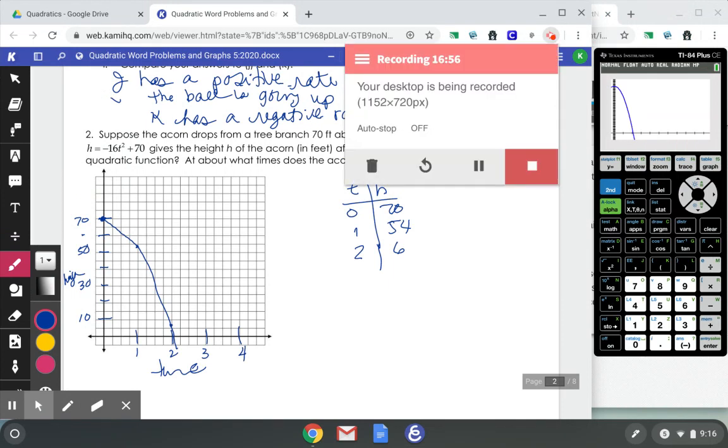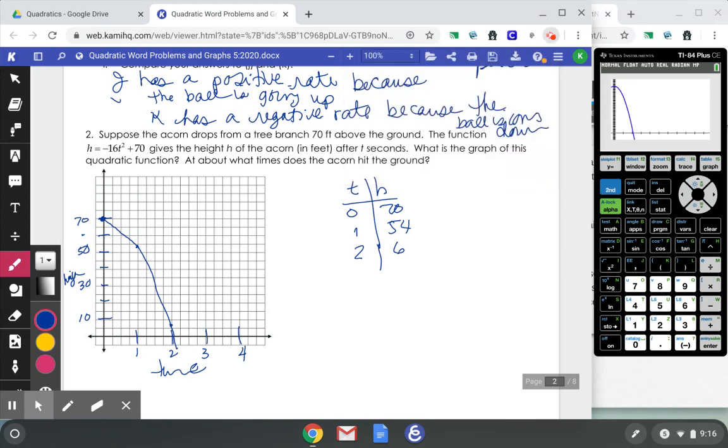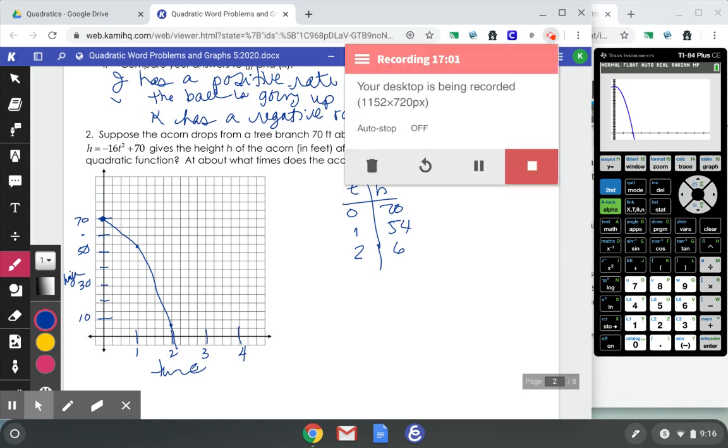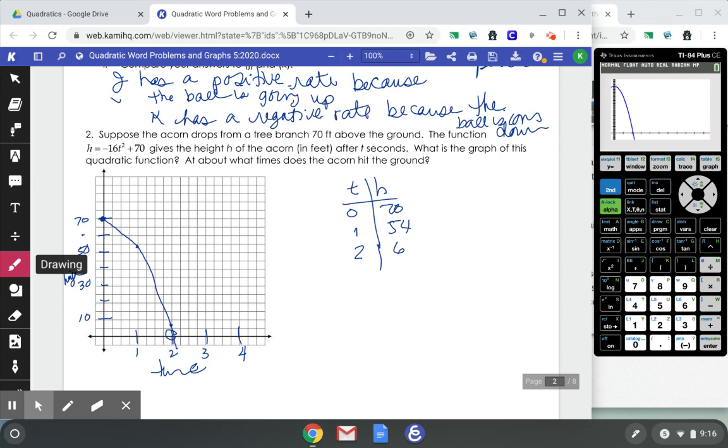So that is going to be our 0. The zeros is where that acorn hits the ground.